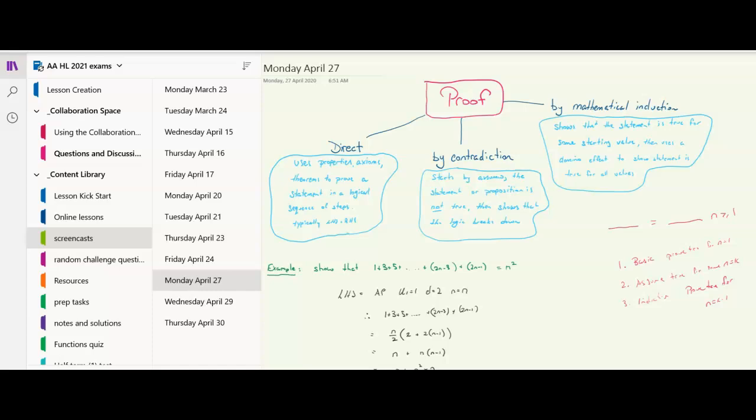So if it's true for 1, and if it's true for a value, the next value is also true, then it must be true for 2, for 3, for 4. It has this domino effect that takes you through all the values of n, starting with 1 and going to infinity, for all the integers n. So that's it in a nutshell.